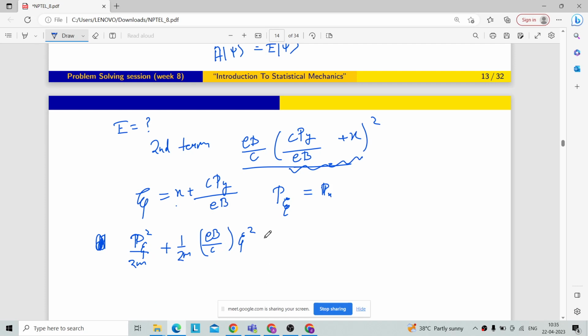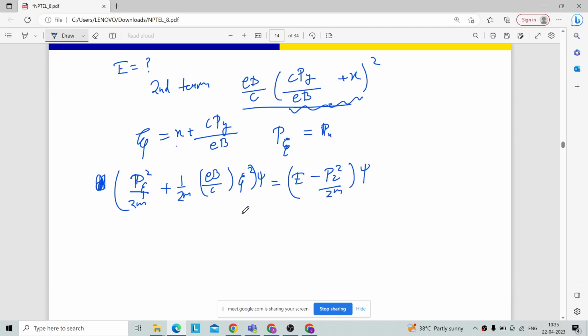Right. And the third term I can take to the right hand side as E minus pz square over 2m, and these are acting on the state psi. Now you see, if I take this constant as something like omega square, then this will become pz square over 2m plus 1/2.